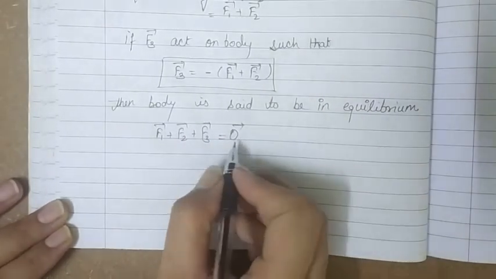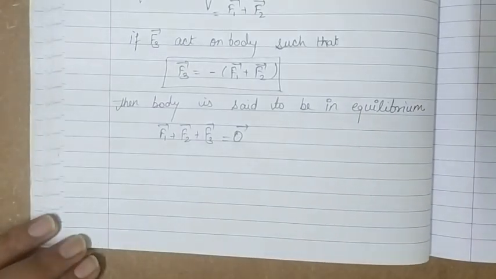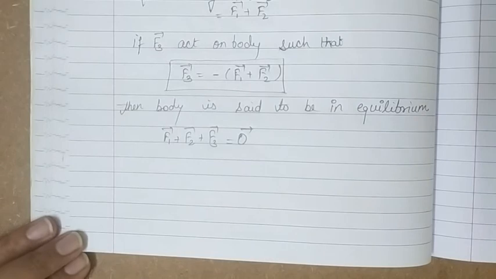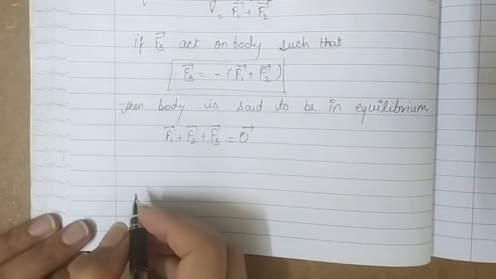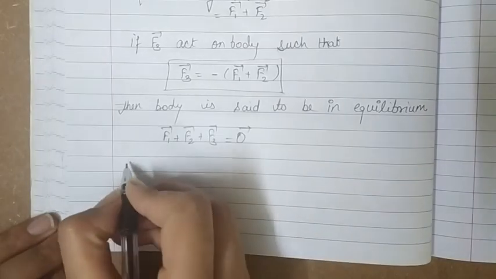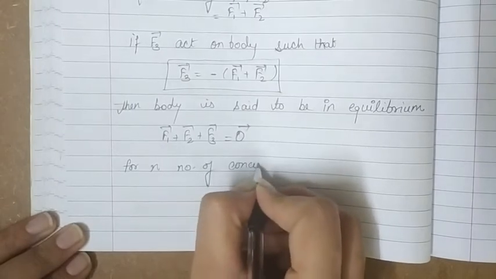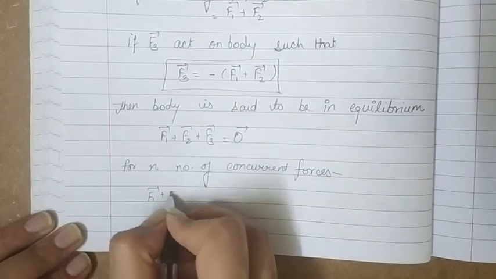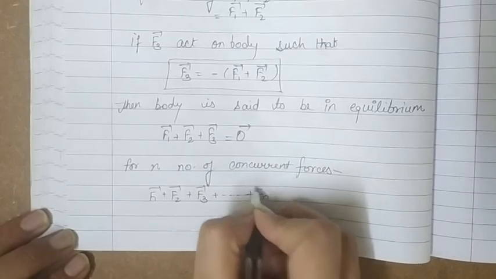The zero here is a null vector because force is a vector quantity. Similarly, if n forces act on the body at the same point, meaning n concurrent forces, the condition of equilibrium is F1 vector plus F2 vector plus F3 vector up to Fn vector is equal to 0.